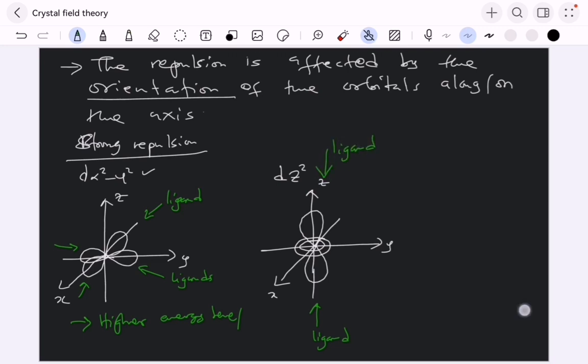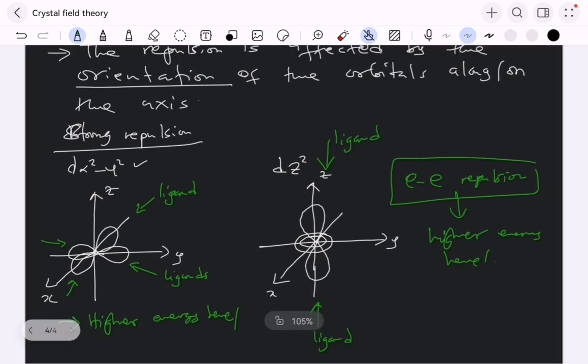What happens is an electron repulsion, which results in these two orbitals occupying a higher energy level because of that electron to electron repulsion. Remember, ligands also come with a pair of electrons.